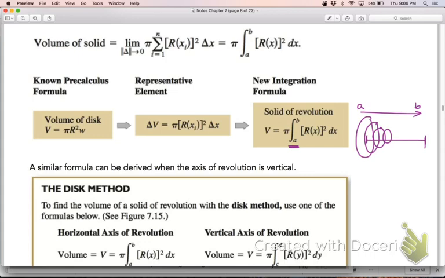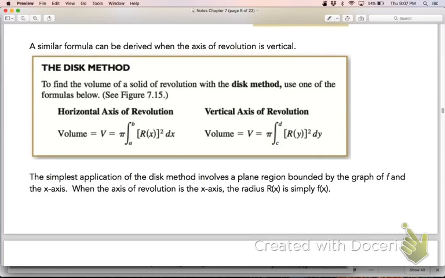So here is a basic, succinct summary of what the disc method is. So notice that it changes whether we're doing respect to x or respect to y, depending on which axis we are going to rotate about. So if it is a horizontal axis of revolution, then we're going to integrate with respect to x.